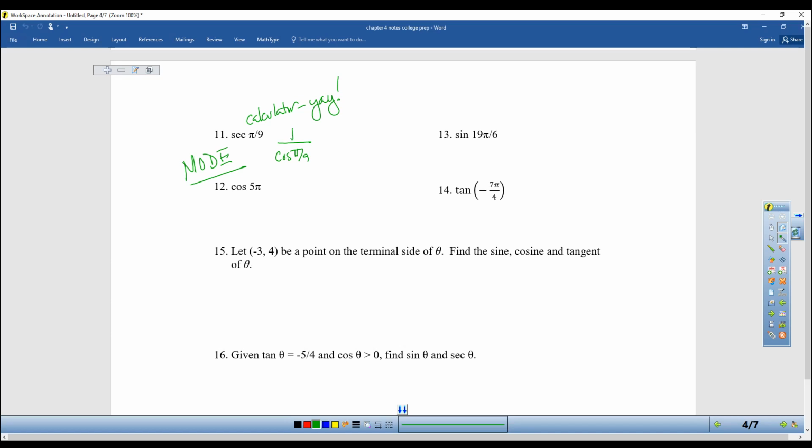And now I can do 1 over cosine of, there is a pi button. It's above the caret key. Make sure that you don't just do 3.14. Pi/9. And I get 1.064. Pi/9 is in quadrant 1, so it's positive.